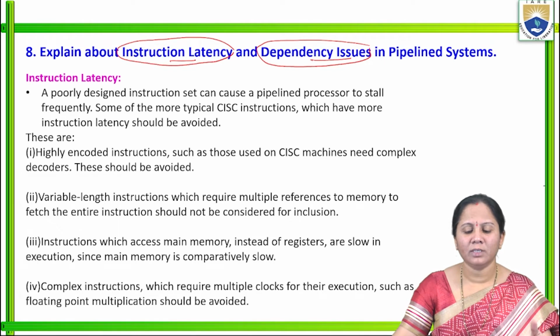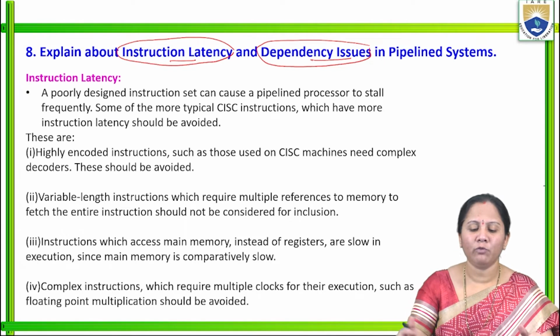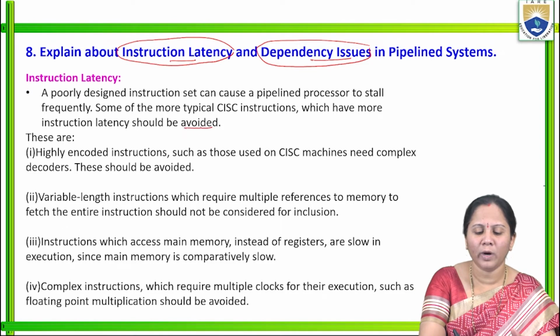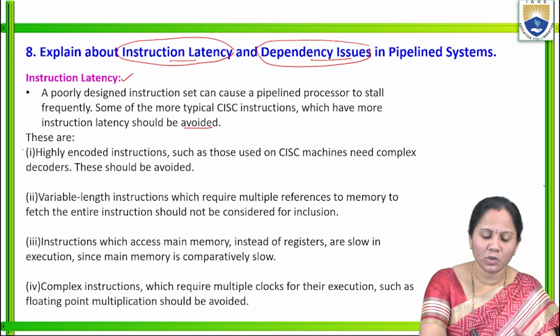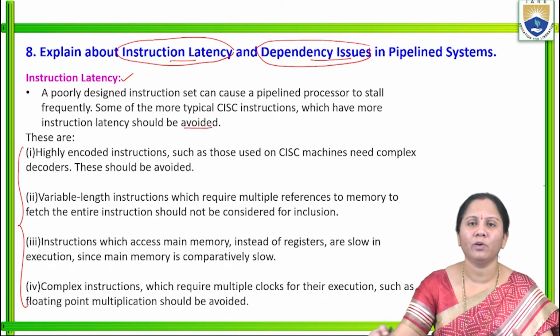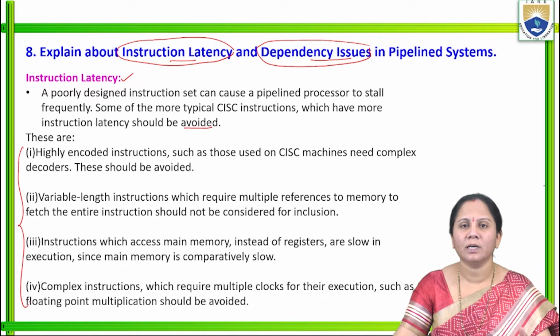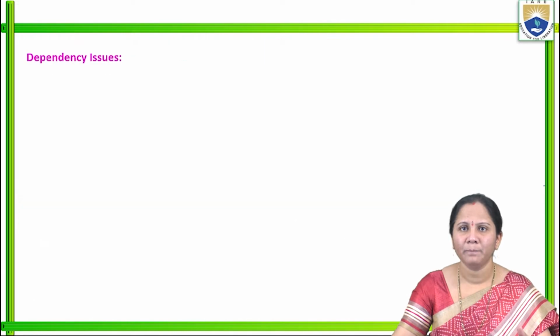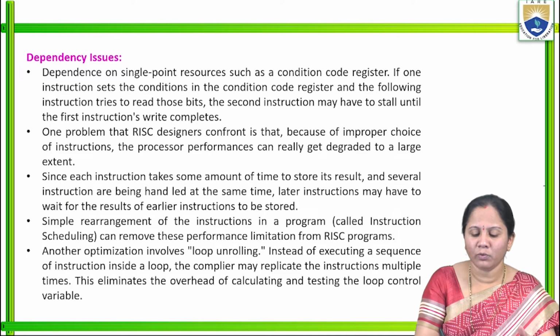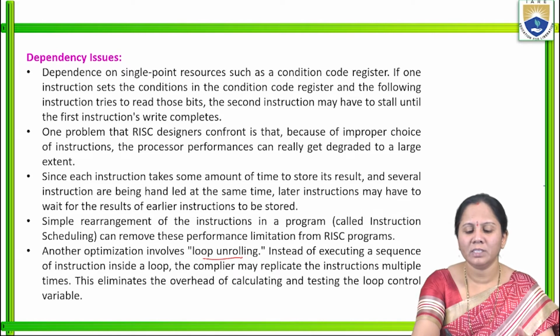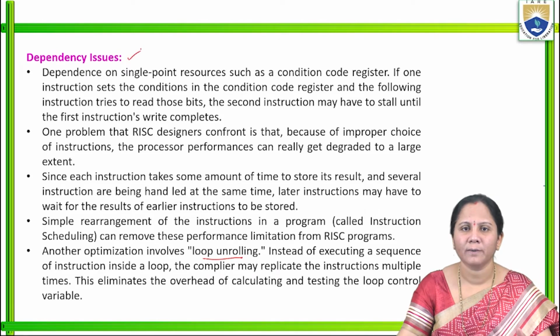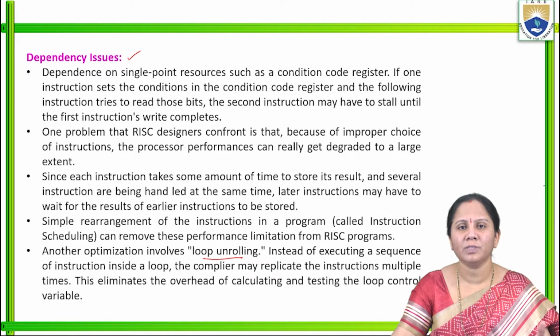All these are the steps we have to follow in order to avoid the instruction latency issues. These are the important 4 steps we have to follow in order to avoid the instruction latency issues. And similarly, we have to follow different techniques in order to avoid the dependency issues. So these are the 2 issues in the pipeline architectures.